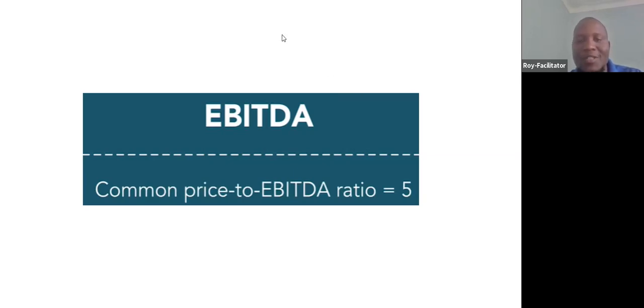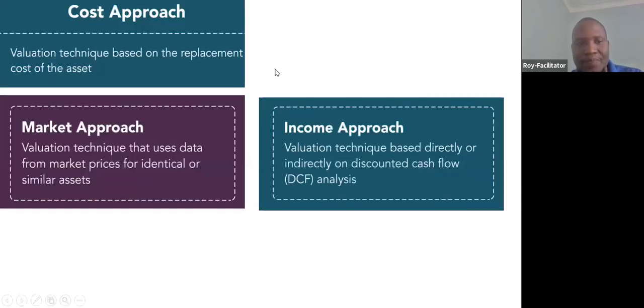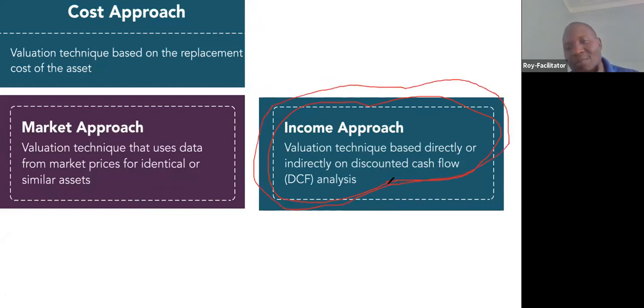Now I'm going to go to the third approach, and that is the income approach, which is usually a bit technical. I'm going to use an Excel sheet that I shared with you. Since some of you wanted to know the different valuations, I'm going to show you how to do the income approach.